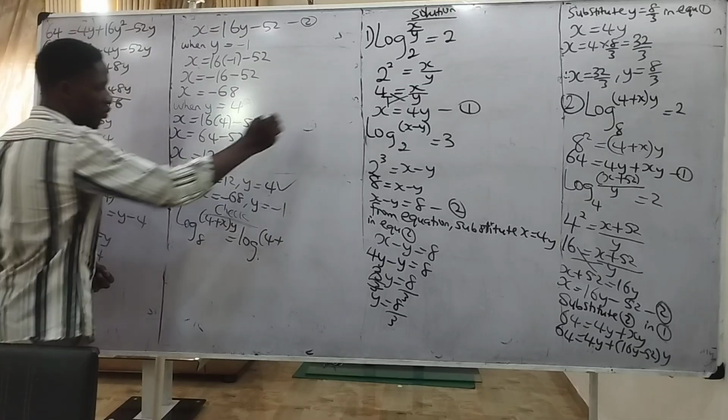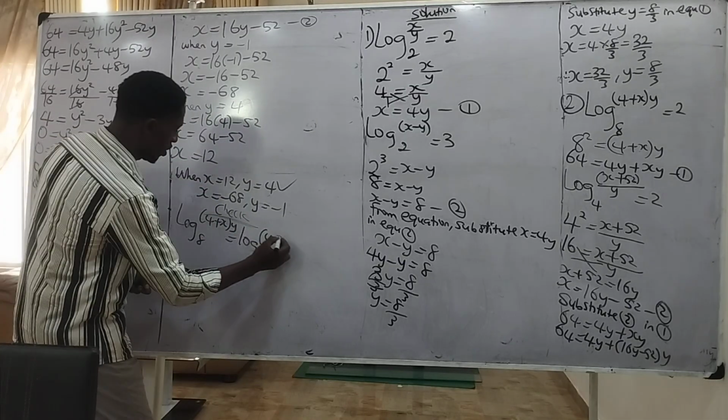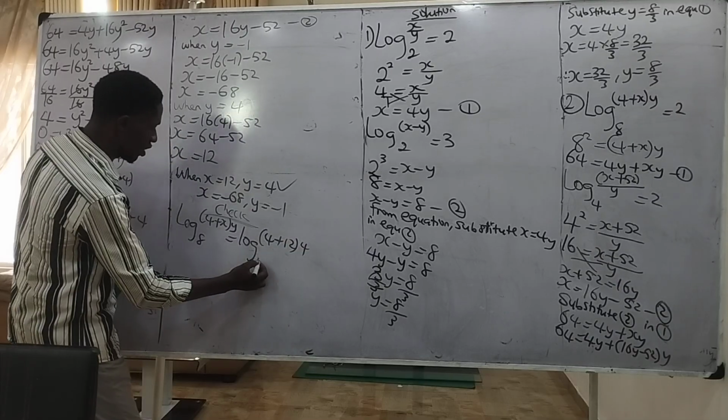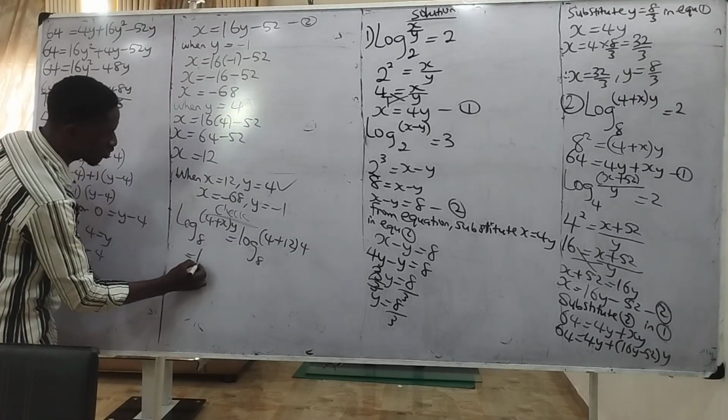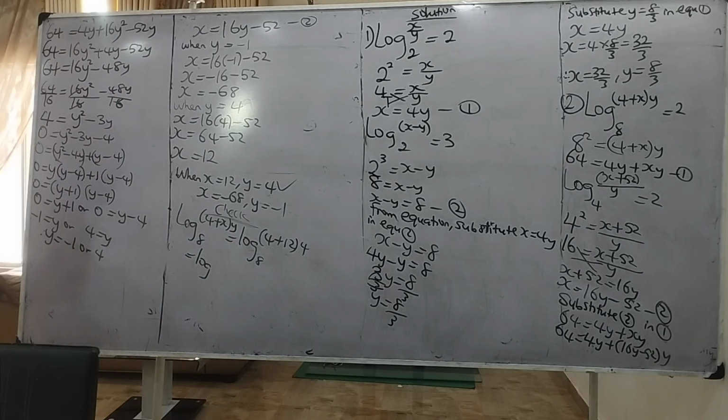We want to use this first one. Our x is 12, so we have 4 plus 12, then times y, which is 4, all in base 8. 4 plus 12 is 16.